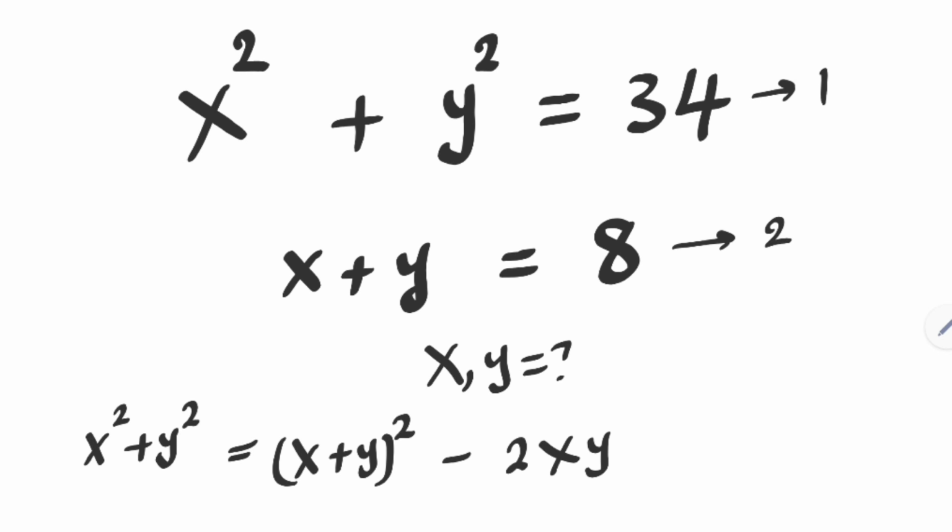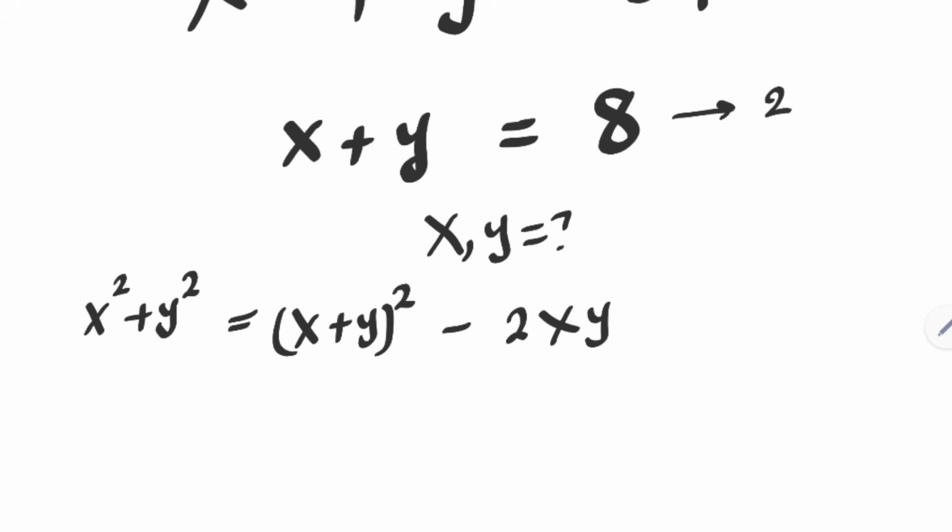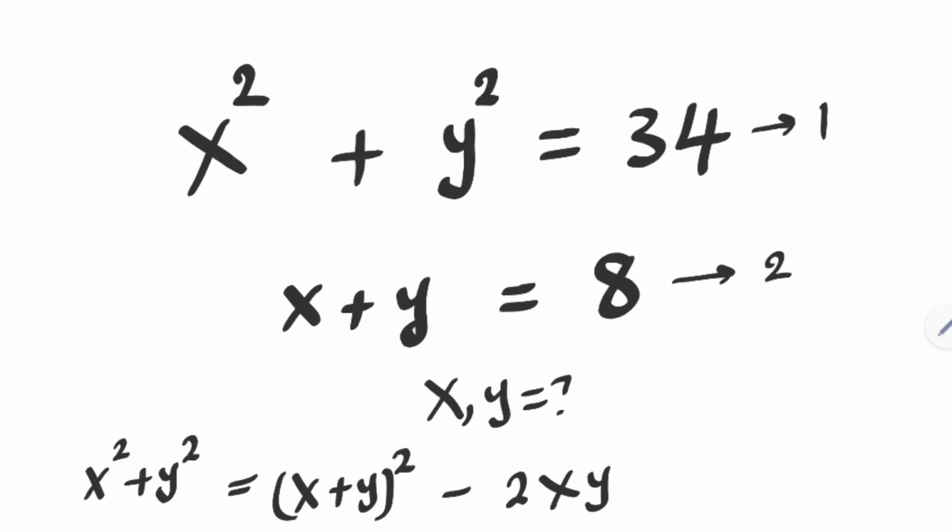Then from here, we already know that x plus y, which is this, is equal to 8. Then x square plus y square is equal to 34.